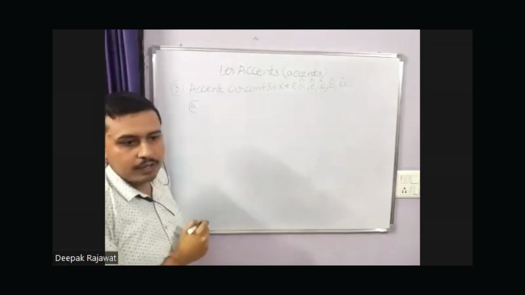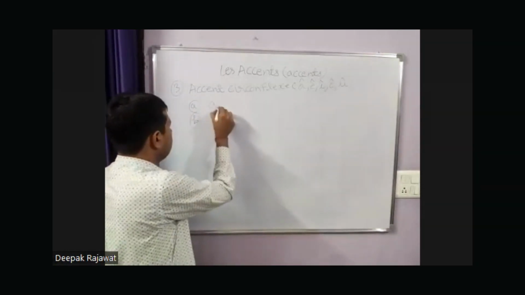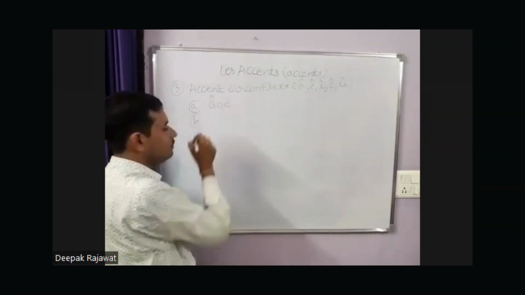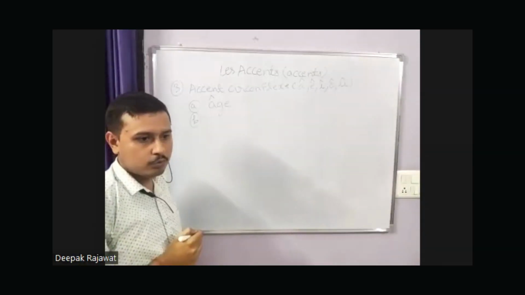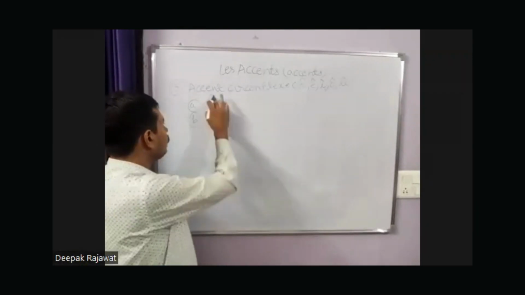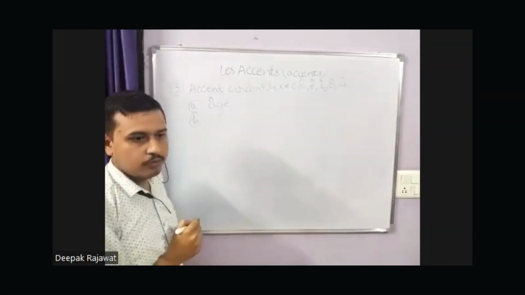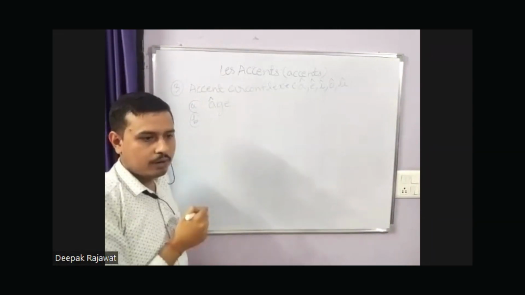Now we are going to take a few examples. This we have done. How old are you? So, âge. How are you going to draw it? In this way you are going to draw it. You have to make a chapeau, like a head.